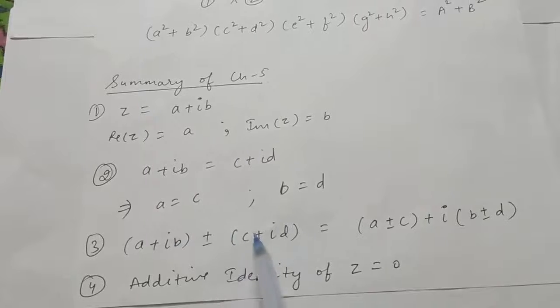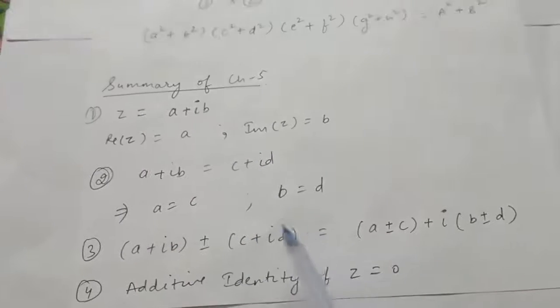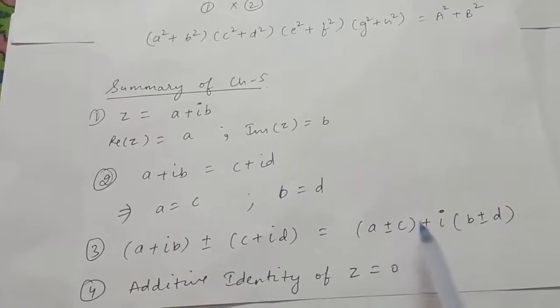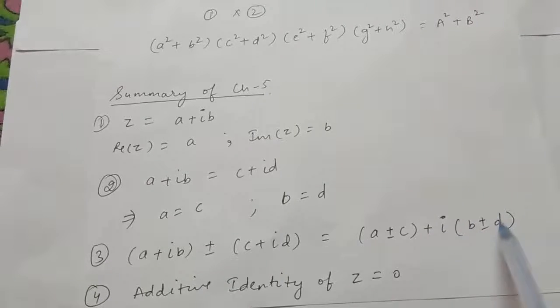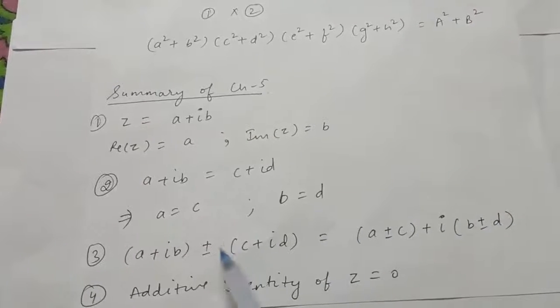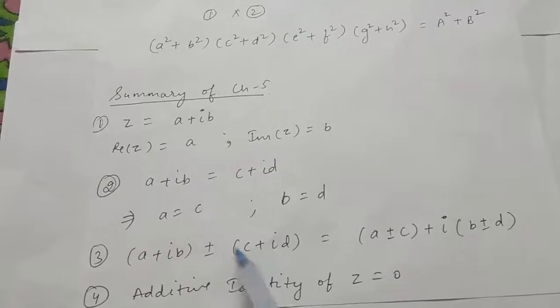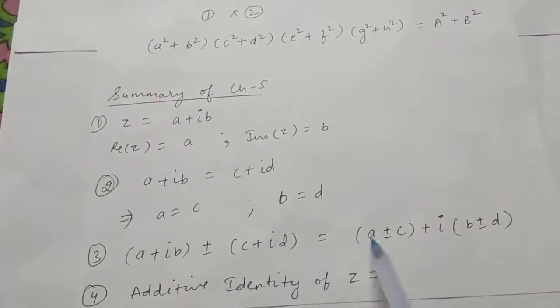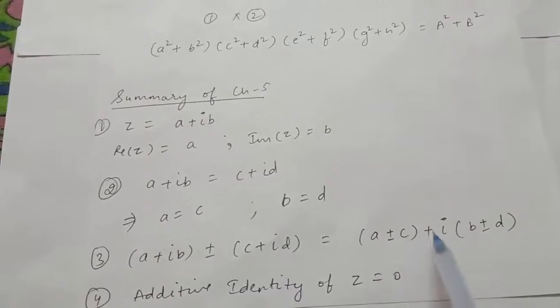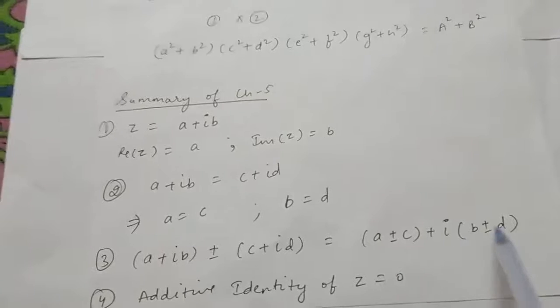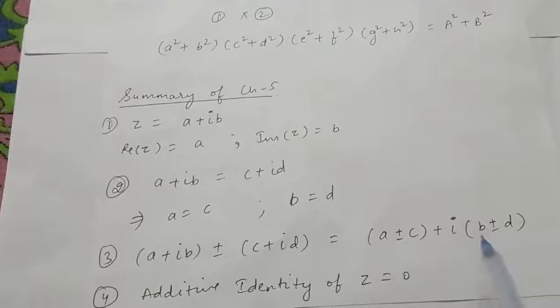Now addition or subtraction of two complex numbers. If you add two complex numbers, then add their real parts plus iota, add their imaginary parts. And similarly for subtraction, if you subtract two complex numbers, then subtract their real parts plus iota, subtract their imaginary parts, right?